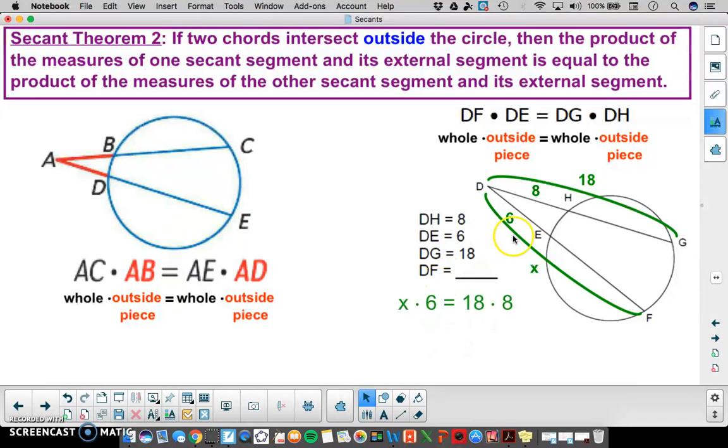So we'll have whole, which is the X, times the outside, which is 6, the whole, which is 18, times the outside, which is 8. 6 times X is 6X, 18 times 8 is 144, divide by 6, and X is 24. So DF is 24.